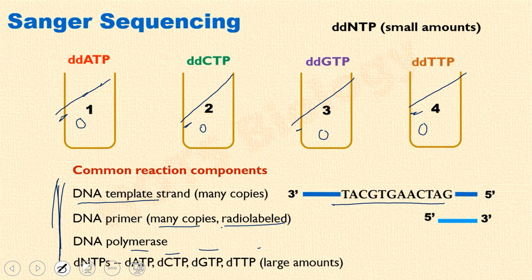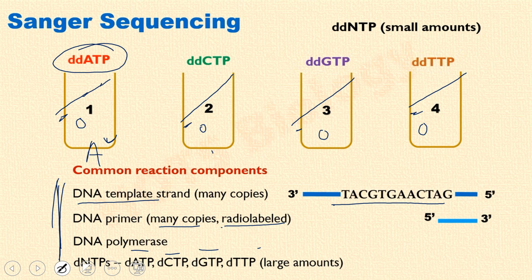Other than that, as we have designated this tube as adenine, we are going to use ddATP, the dideoxy form of adenine triphosphate, in this tube only. So in this tube we don't have the dideoxy form of cytosine, guanine, and thymine.